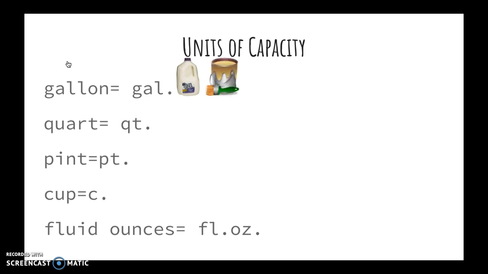A quart is a little bit smaller than a gallon. It's about a carton of milk or a bottle of milk, a smaller bottle than a gallon, of course. A pint is like a smaller container of ice cream.